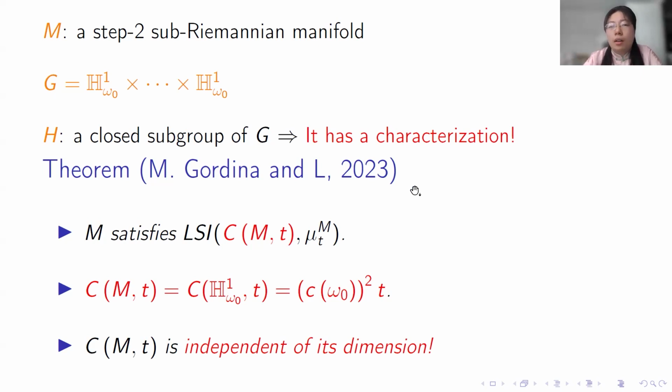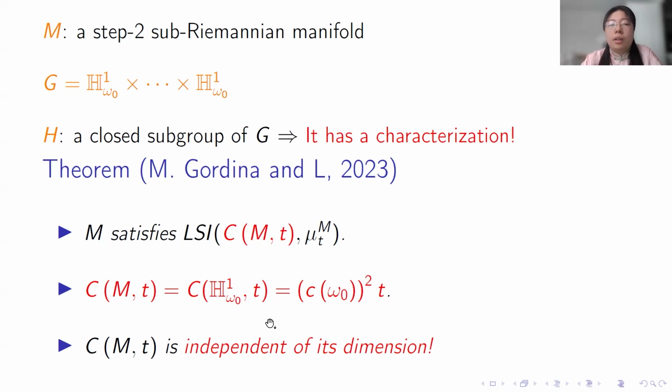The type of sub-Riemannian manifold we consider here is a step 2 sub-Riemannian manifold, and the transitively acting group we take is this product group. Then our earlier general theory tells you that for this class of sub-Riemannian manifolds, they all satisfy the log-Sobolev inequality with respect to the heat kernel measure. Moreover, when they have the same acting group G, their log-Sobolev constant can all be chosen to be the same as the log-Sobolev constant on the three-dimensional isotropic Heisenberg group.